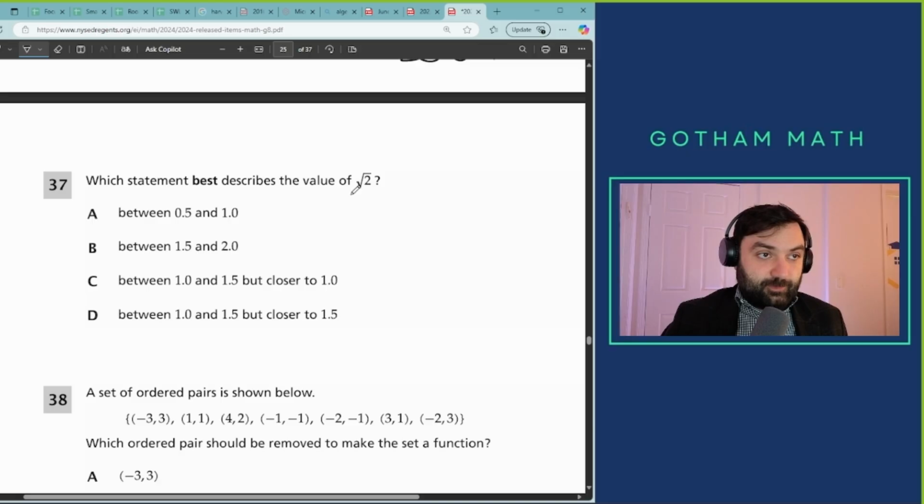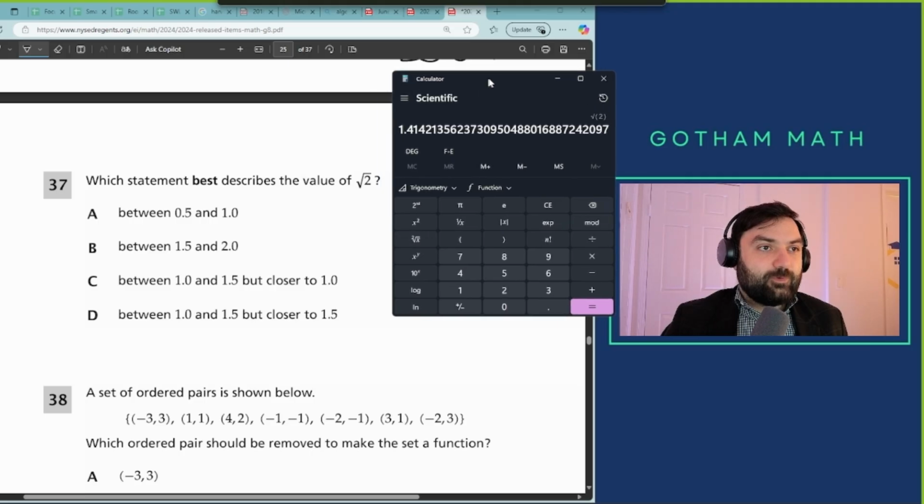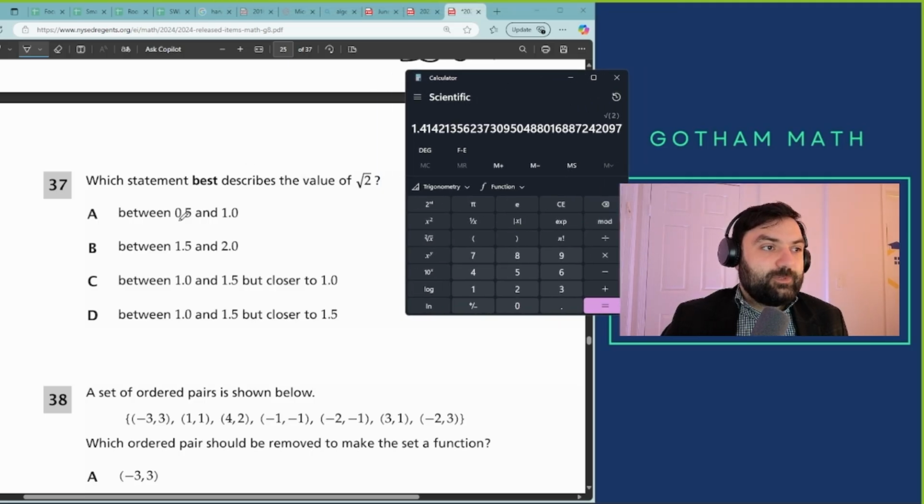Which statement best describes the value of square root of 2? But the question is, can we or can't we use the calculator? If we can, then all we have to do is just do this, right? We have 1.414. And between 0.5 and 1, that's not true. Between 1.5 and 2.0, that's not true.